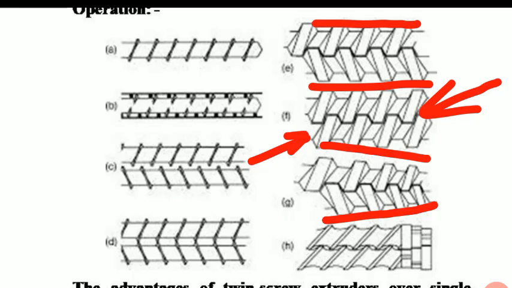So if you want to prepare a compounding ingredient, plastic master batch or plastic compound, we prefer this twin screw extruder. In that we have co-rotating and counter-rotating, non-intermeshing and intermeshing. And it is a continuous compounding process for making the plastic compound.